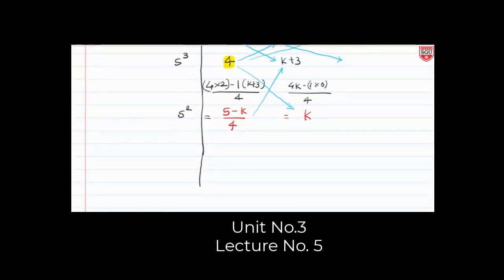Just tell me what the answer will be. I will write in detail once again. It will be 5 minus k, whole multiplied by k plus 3, minus 4k, and the whole divided by 5 minus k divided by 4. Is it correct?